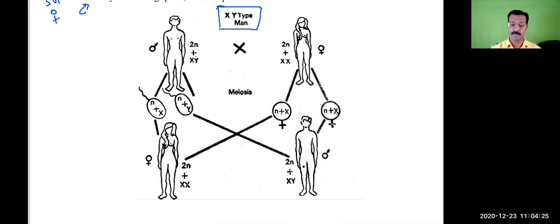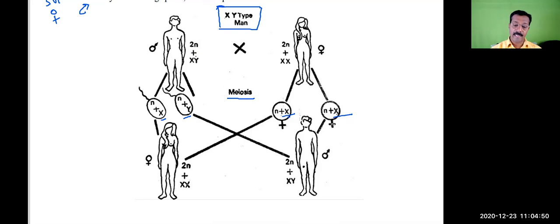XX and XY type. So here, the two sex chromosomes in meiosis will separate from each other, and here it will be X and Y sperms. As usual, here will be X and X sex chromosomes in the egg.